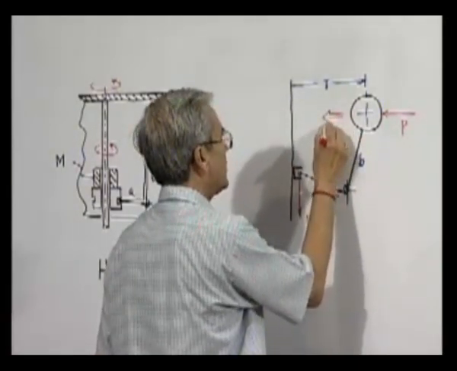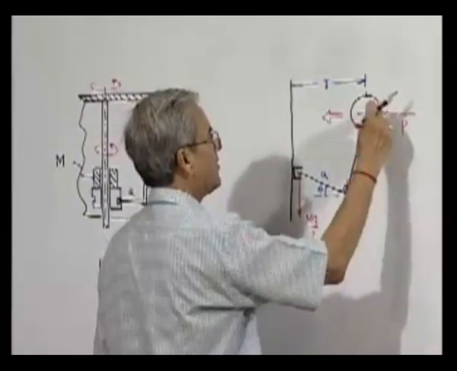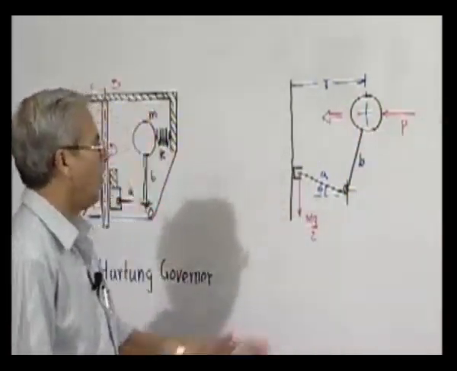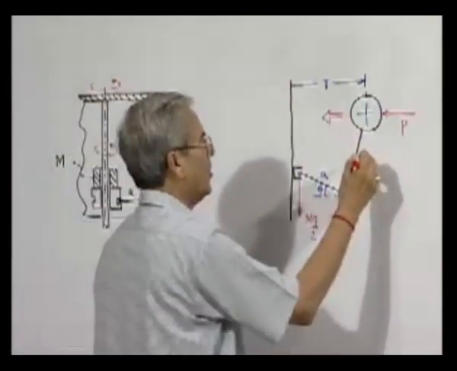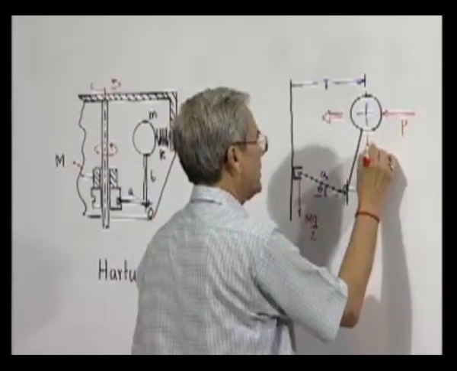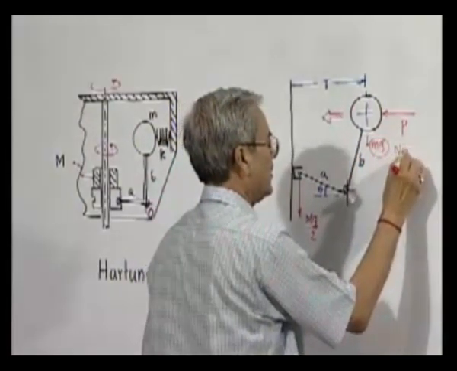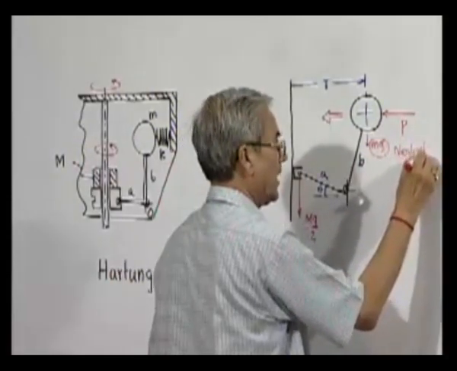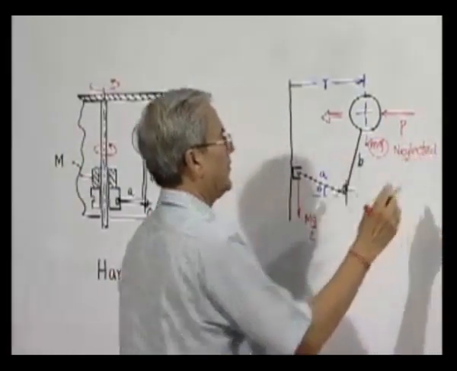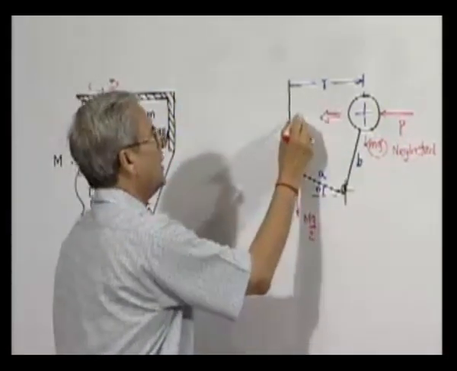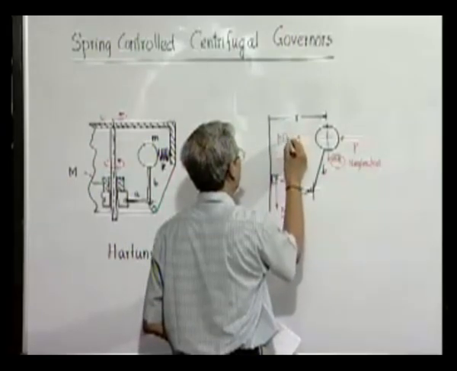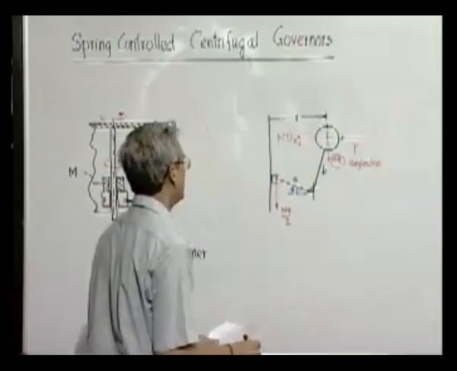That means the effect of this sleeve weight, effect of the spring together, or maybe gravity also, but we neglect gravity in this analysis. But it is also there. So what will be the equivalent control force as a function of r? Let us find out that.